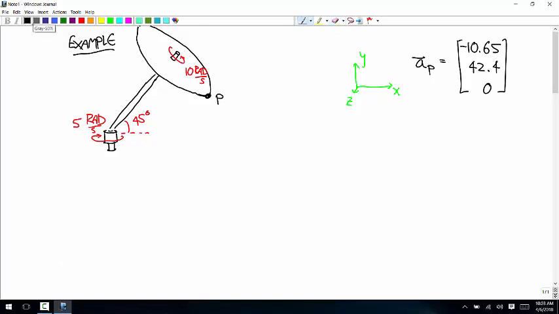And so now we're going to do it with a rotated coordinate system, with the x-axis this way, y-axis this way, and z will still be the same. So there's x, y, z.